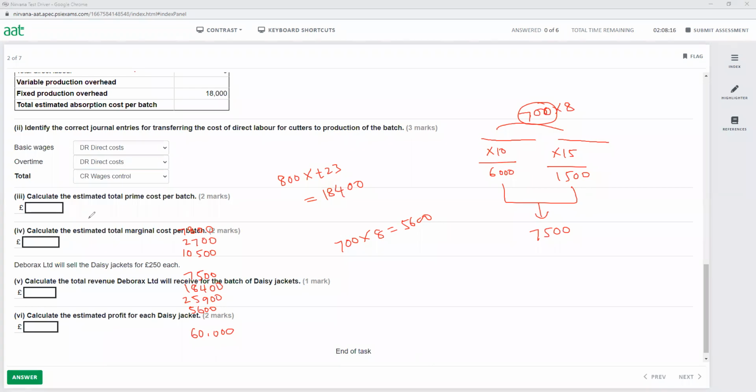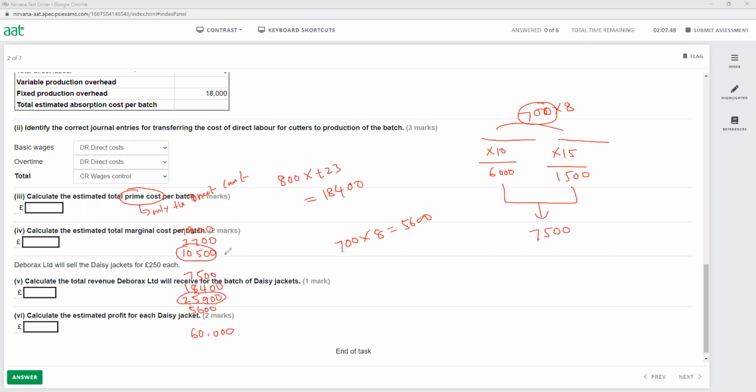All right, the next one we have here, calculate the estimated prime cost per batch. Prime cost means only the direct cost. So how many direct costs do we have here? We have direct material and direct labor.